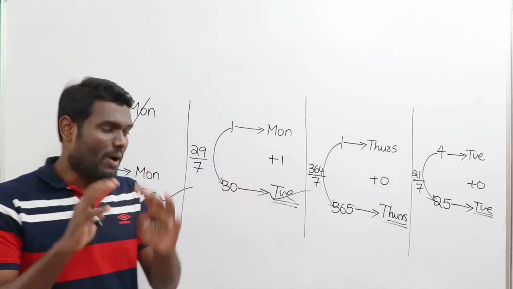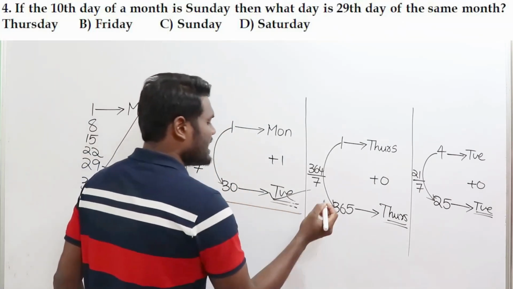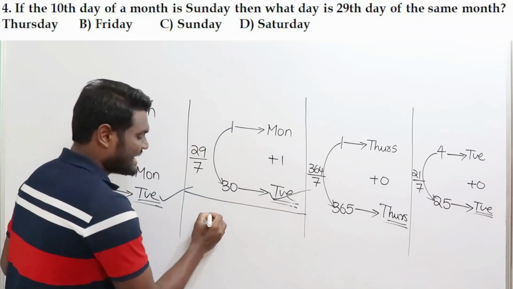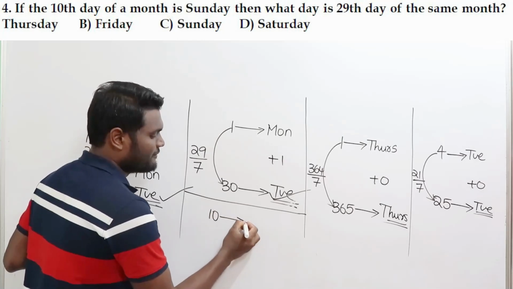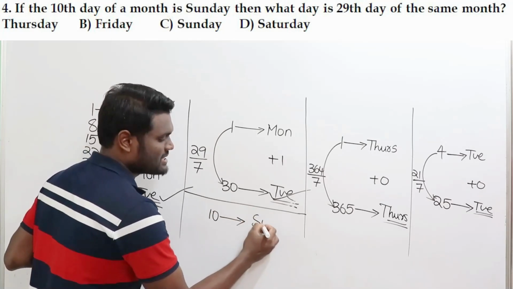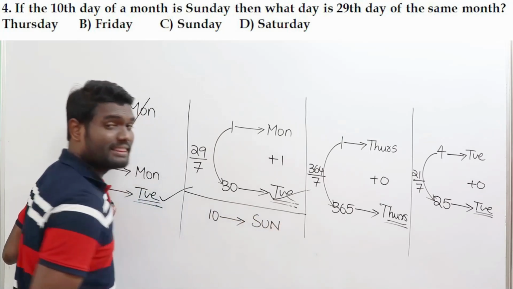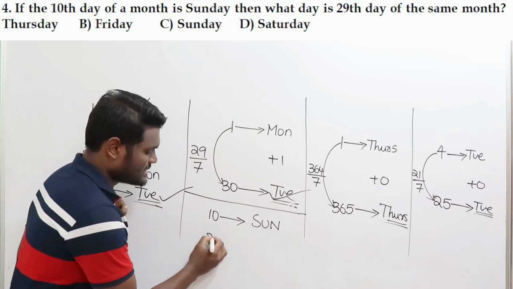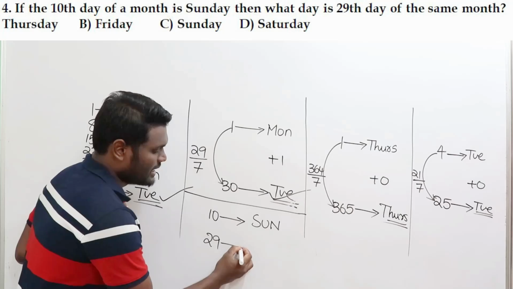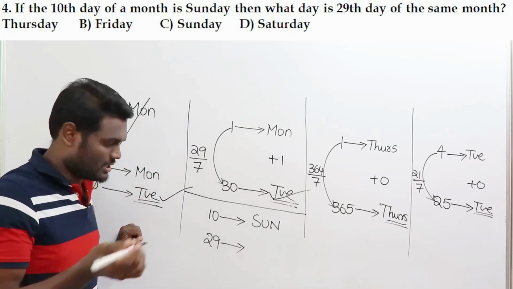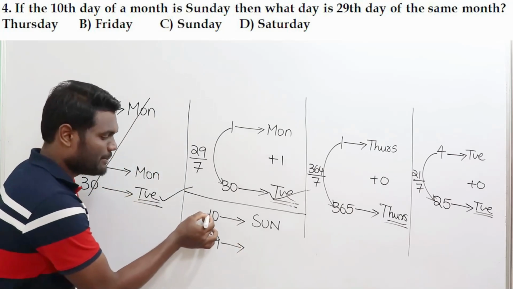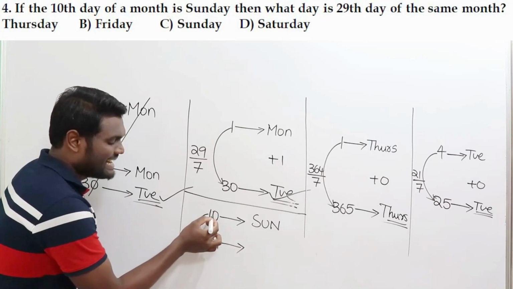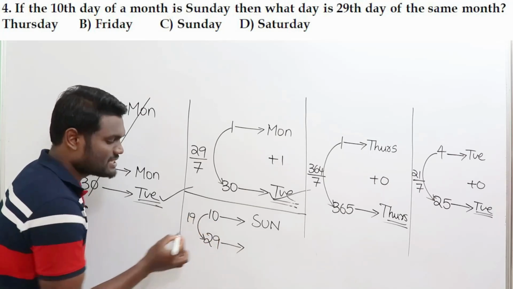Okay, let us look at one more simple example. Let us say, if the 10th of the month is Sunday, then what day is the 29th day of the same month? Just take the difference. 10 and 29, the difference is 19.